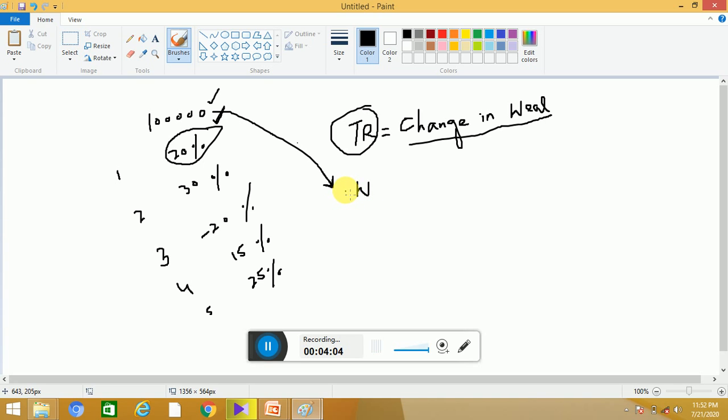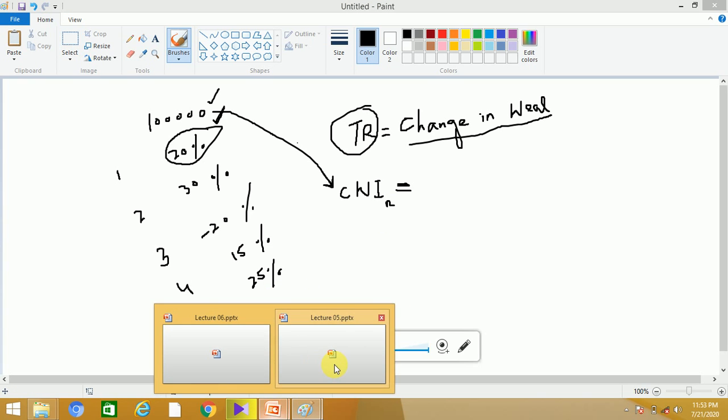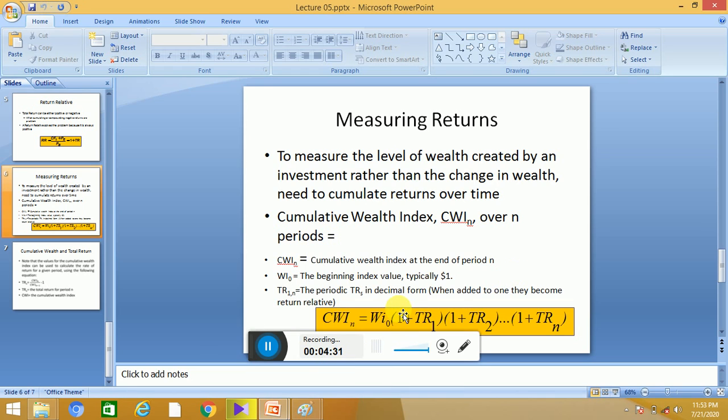So the cumulative wealth index, CWI, is telling us about your total wealth after n periods of time. We discussed this, and we discussed an example also.